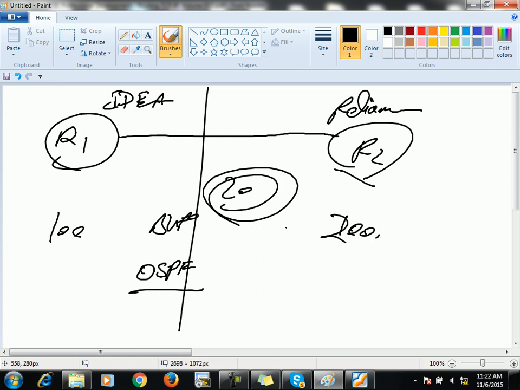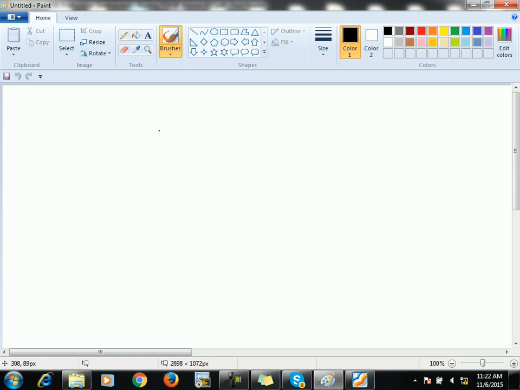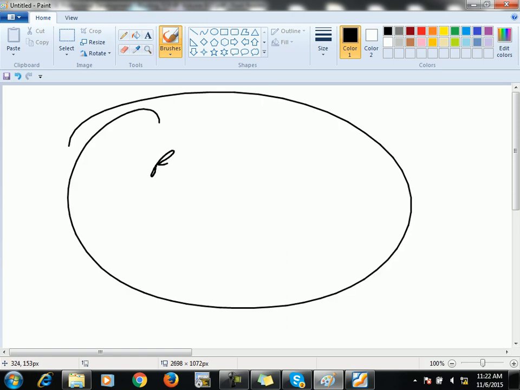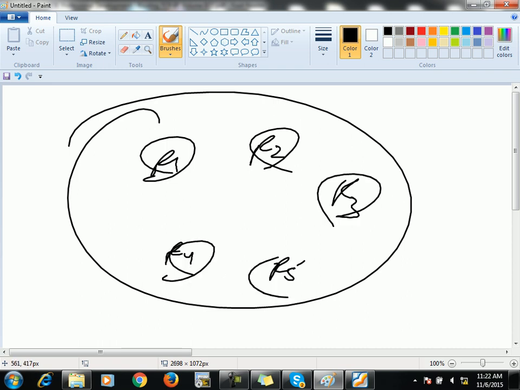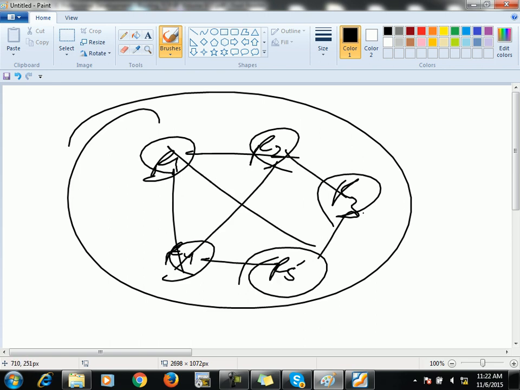Now if you talk about iBGP, which means we are talking about the same AS, like this is R1, this is R2, this is R3, this is R4, this is R5, you understand? And then you configured an IGP, OSPF, and along with that you also configured BGP. So of course, BGP has slow convergence, and within an AS we don't need to configure it.